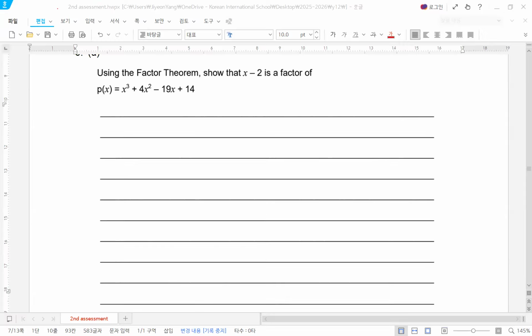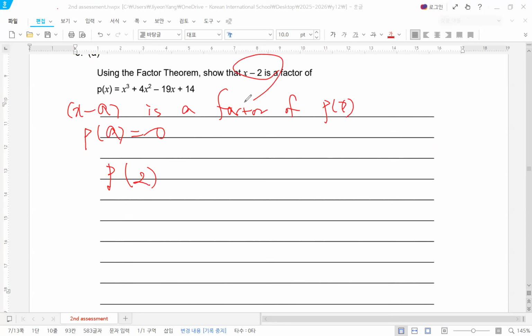Okay, then factor theorem. If x minus a is a factor of p(x), then the factor theorem means p(a) equals 0. So what you needed to do is just show p(2) equals 0, because this is x minus 2, right?